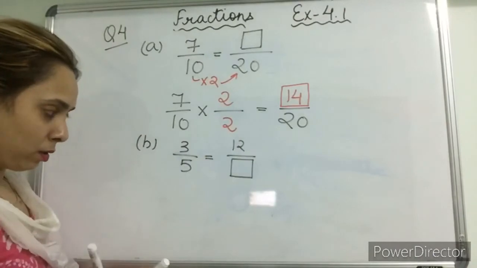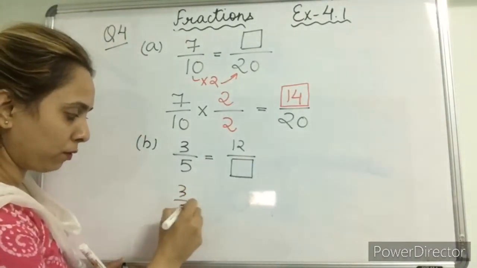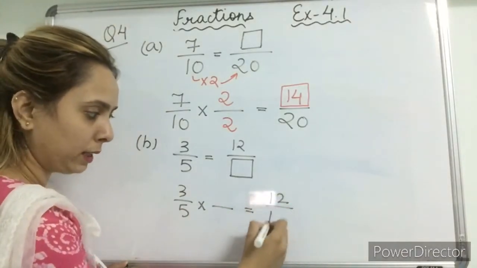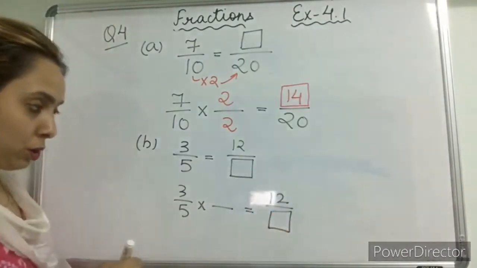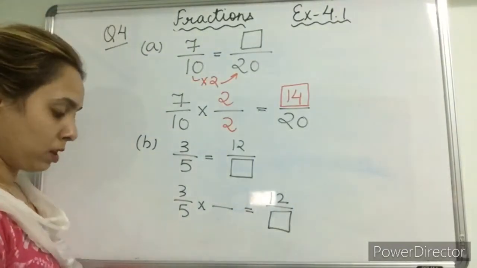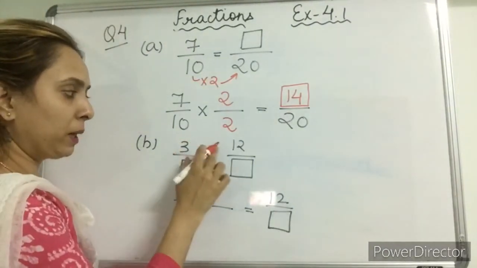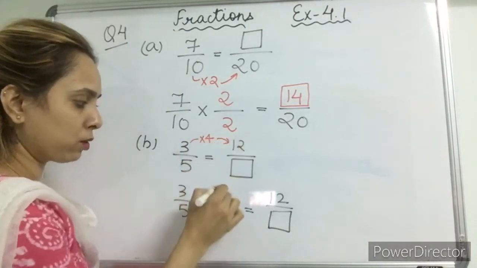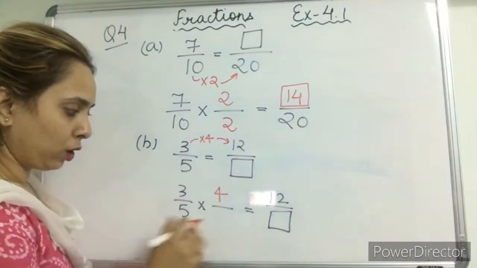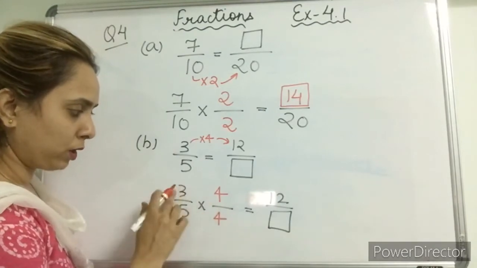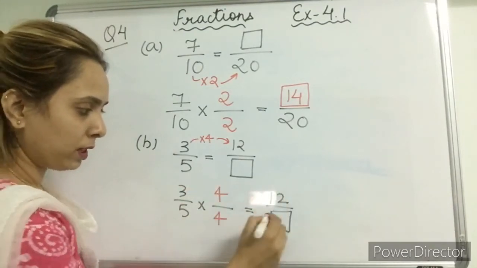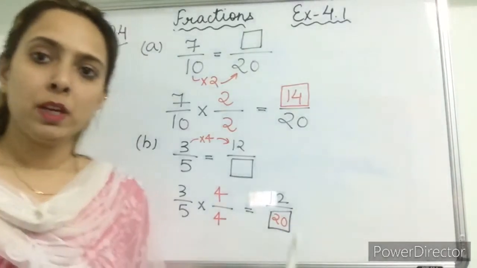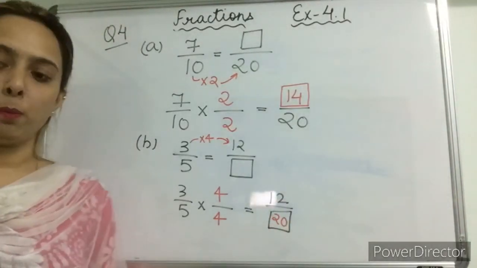So again, 3 upon 5 multiplied by what number to get 12 and the blank here. So you all can see, with which number do we multiply to get 12? So we will multiply by 4 to get 12. So here we will write 4 and automatically here also we will write 4. So 3 4s are 12, 5 4s are 20. So 12 upon 20 is the equivalent fraction for 3 upon 5.